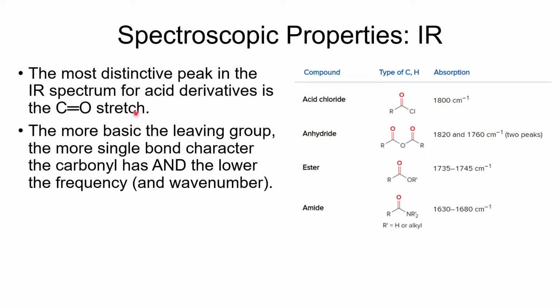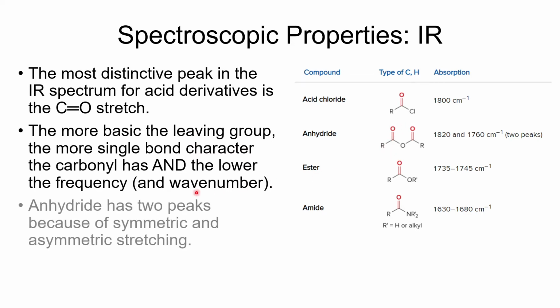However, there's a significant difference in the carbonyl stretching absorption depending on how stable the compound is, or we can think of it as how basic the leaving group is. The more basic the leaving group, the more important those other resonance structures that we saw are, the ones where we had partial single bond character in the oxygen.